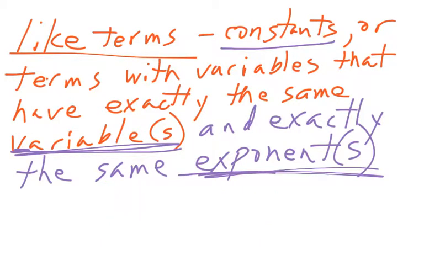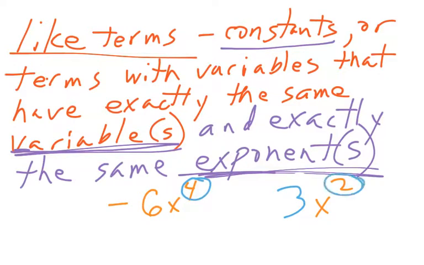Now if I have, let's say, negative 6x to the 4th and negative 6x squared, and actually, let me change the coefficient, even though the coefficient would still not matter. So if I have these two terms right here, these are also not like, okay? And the reason they're not like is because of the exponents. They have the same variable, but the exponents for those variables also have to be exactly the same, okay?